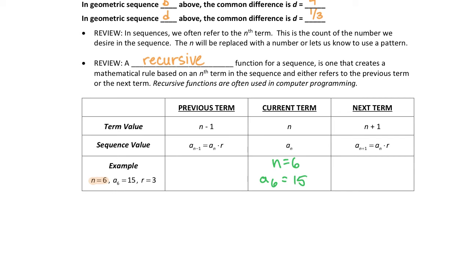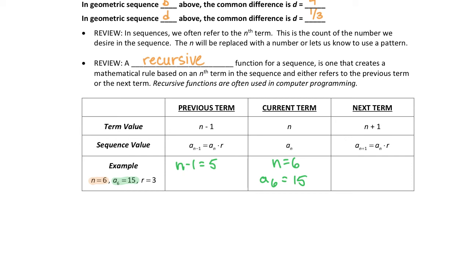So we're just going to leave that alone. So there's our a of 6. That's the current term I'm on now. To go to the previous term, that would be n minus 1. So n minus 1 would be 5. And then in order to go back a term, instead of multiplying by r, I would divide by r.